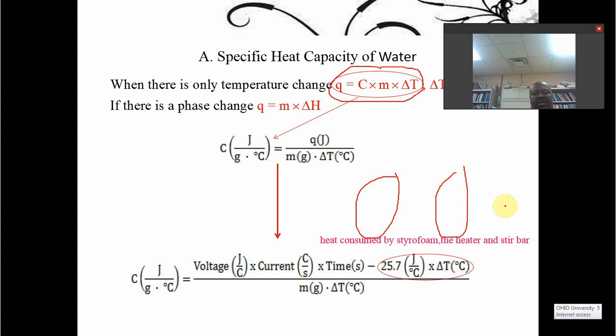All right, so if we solve for c in that mother equation, right above there, we end up with this, where Q we're representing by this here, and then here's the m, and here's the delta T. Where did this come from? Well, this is actually just a small correction to the fact that in this case, the styrofoam and other components actually absorb a little energy. All right.